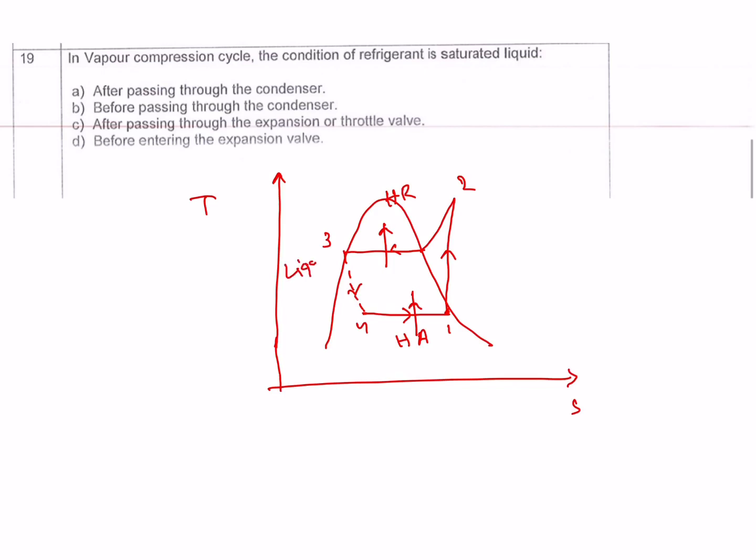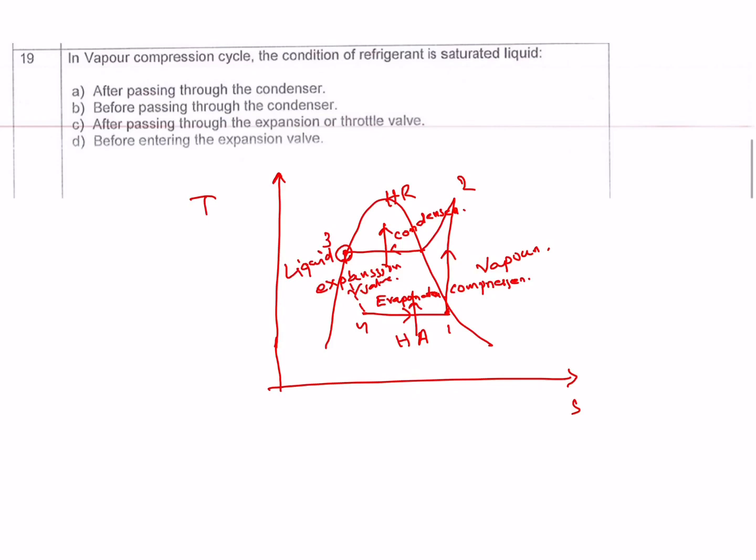In this region liquid, in this region vapor region. So saturated liquid you will get here at point 3 after passing through condensation. 2 to 3 is your condensation or condenser, here compressor or compression, then evaporator, expansion 3 to 4.